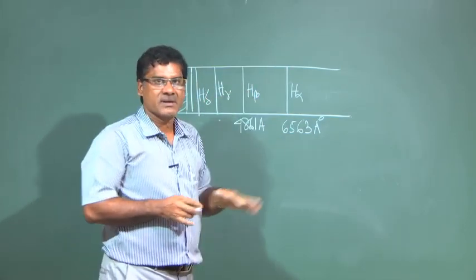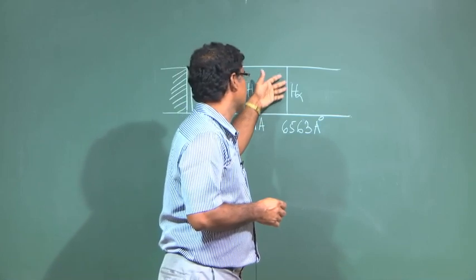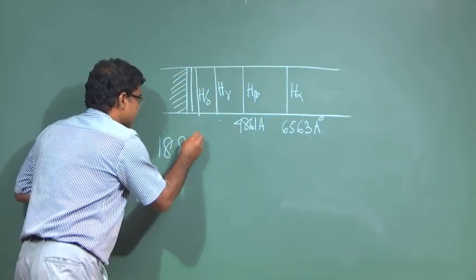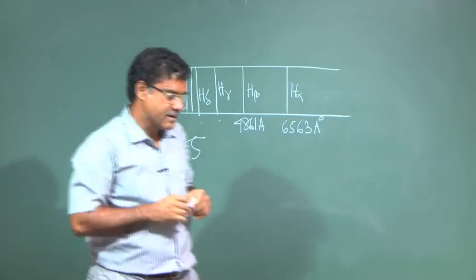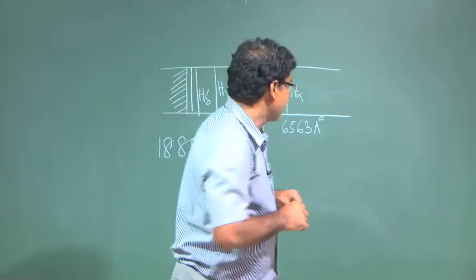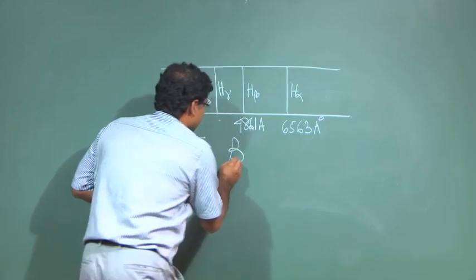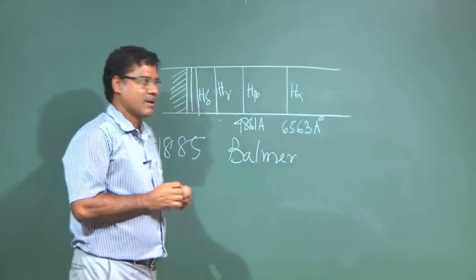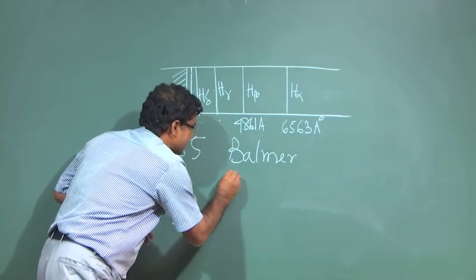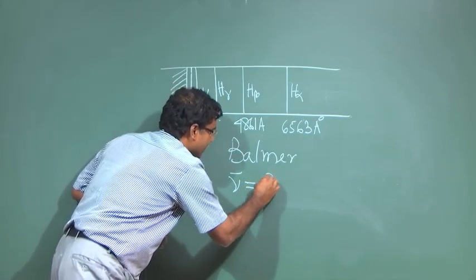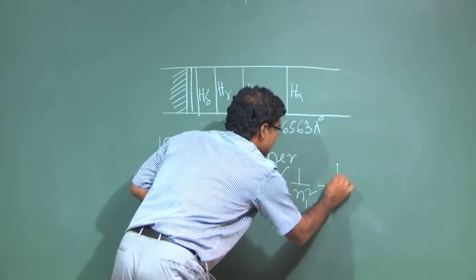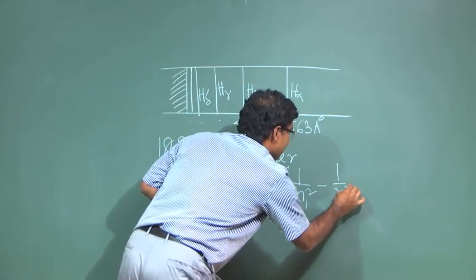It was difficult to understand the source of these lines, but in 1885 Balmer gave an empirical formula. That formula was like this: nu bar equals R times (1 by n1 square minus 1 by n2 square).